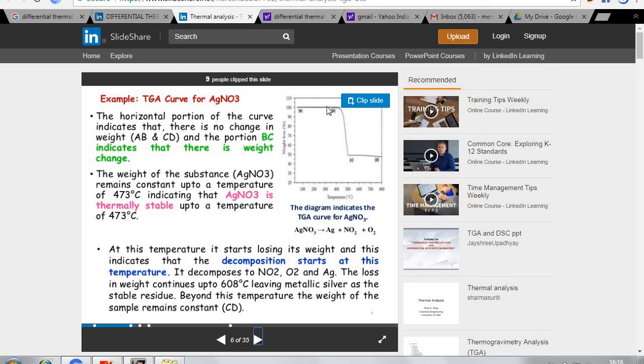This horizontal portion is called the plateau, and the temperature at which the mass begins to drop is called Ti, and it continues till Tf. This is the least temperature at which the chemical reaction or physical change stops, and then another plateau region is obtained.